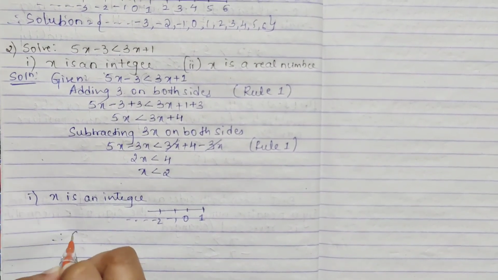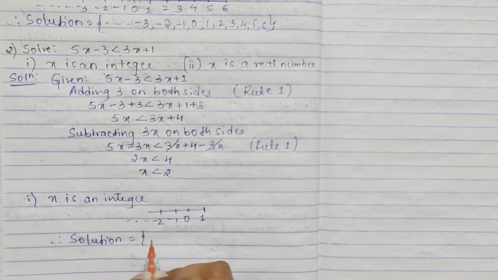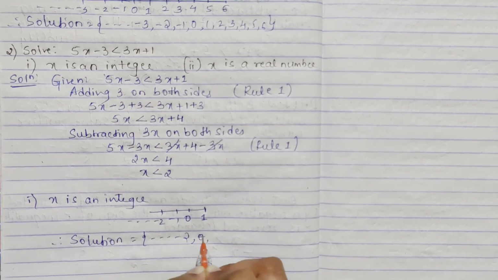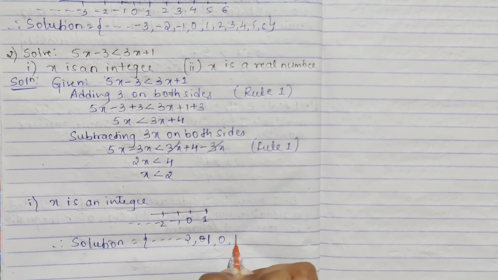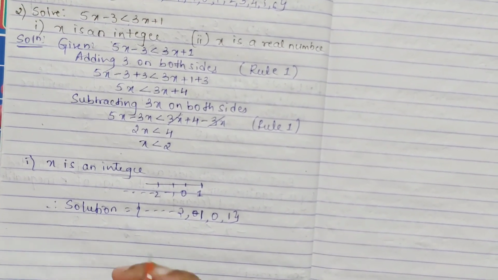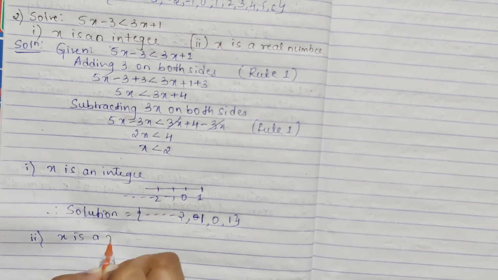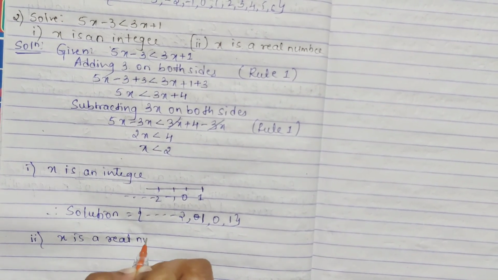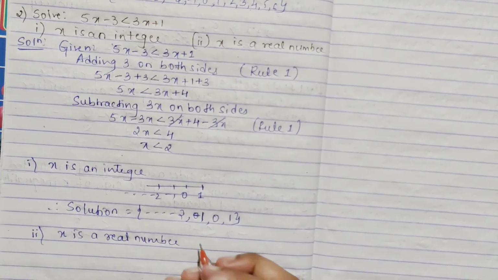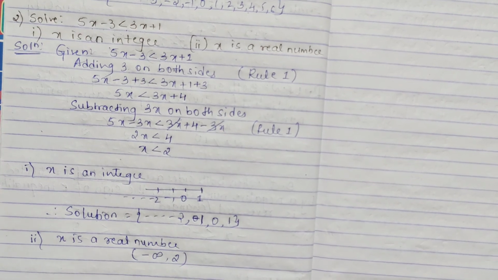So therefore the solution set is equal to what you'll get, so on, minus 2, minus 1, 0, 1, which should be less than 2. And next what they are asking, x is a real number, right? Real number, what all does it include? It includes your integers, your natural numbers. So your x is a real number means what you'll get, minus infinity to 2, open interval it will be, right?